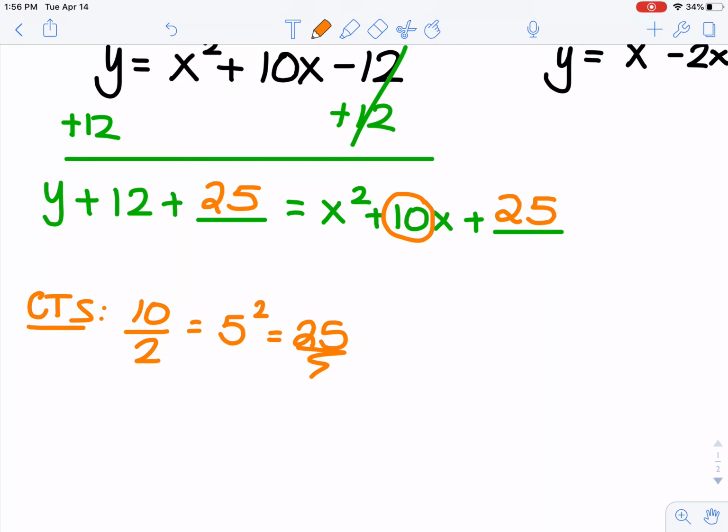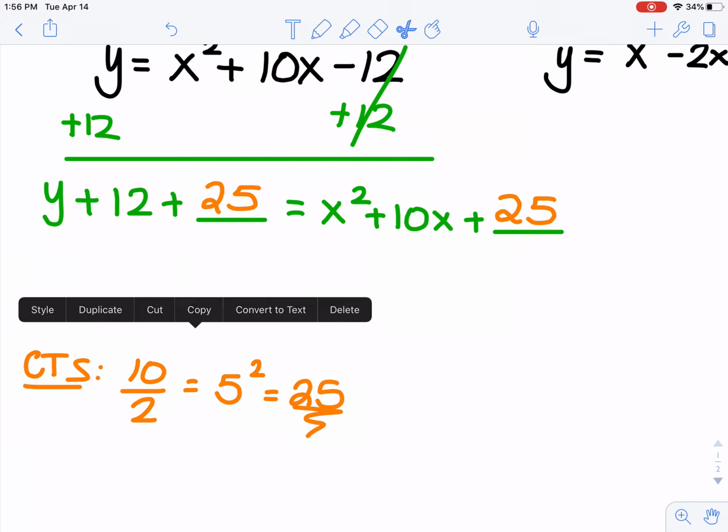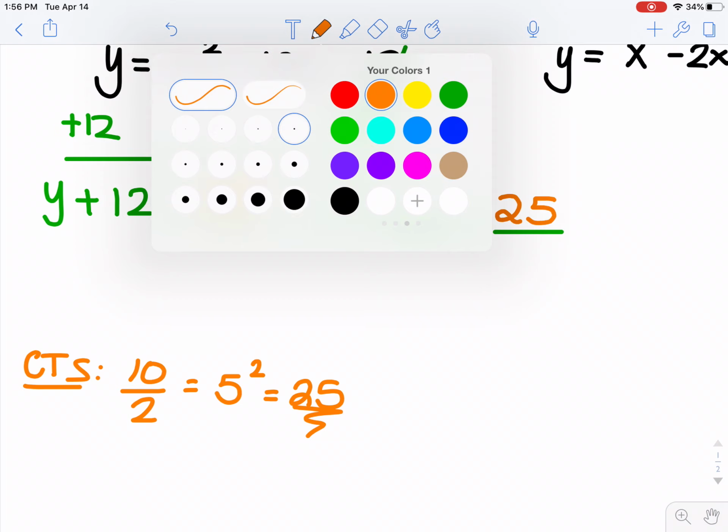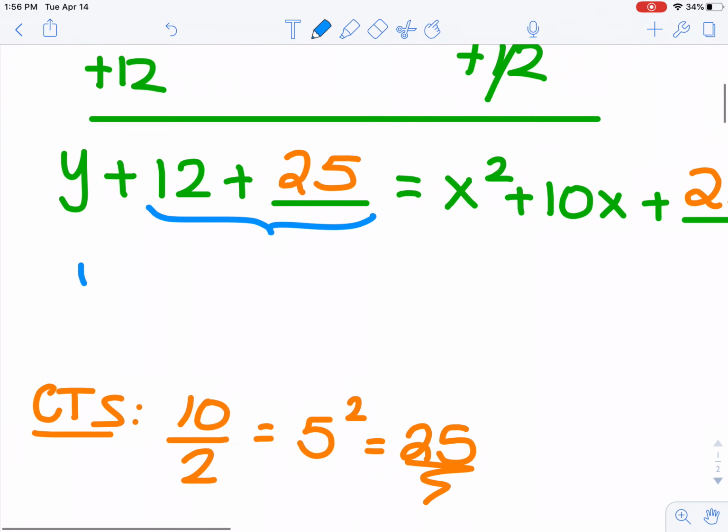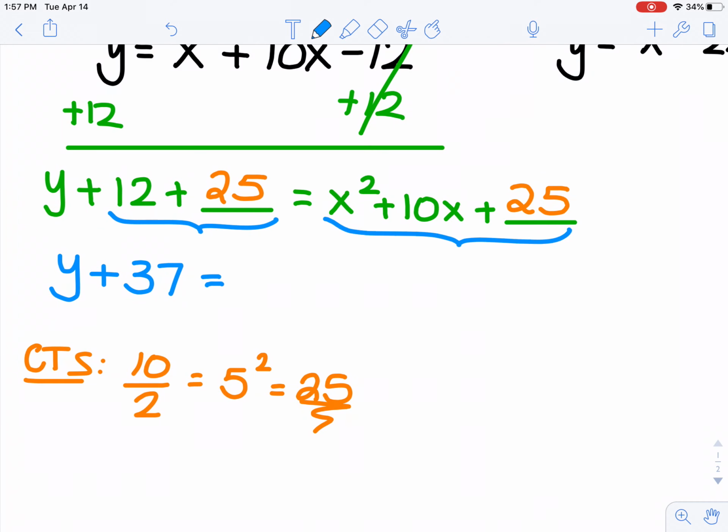So next, what we're going to do is rewrite both sides of the equation. And the left side's always easier. We're going to simplify. So we're going to add 12 and 25. So that's y plus 37 equals. Now on the right side, what we're going to do is actually factor this trinomial.